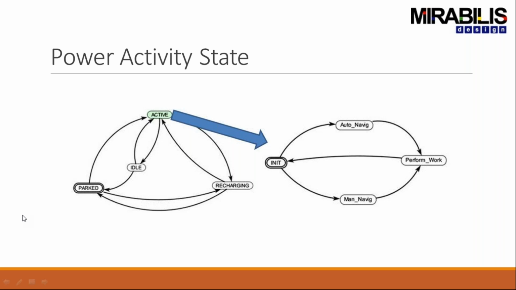When users start ignition, the power state moves to active. Before coming to parked state, it moves through an idle state. If the battery charge falls below a certain threshold, it has to be recharged, so it moves to recharge state. So this is a flow diagram of the power state.